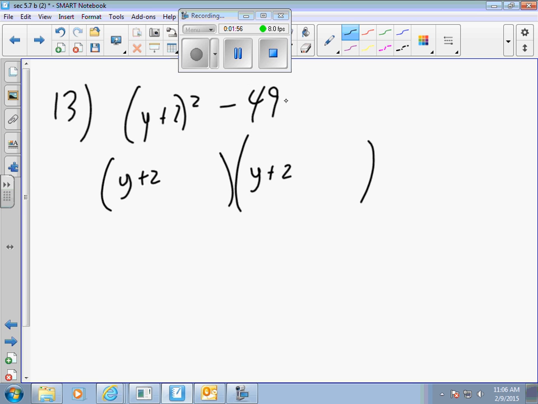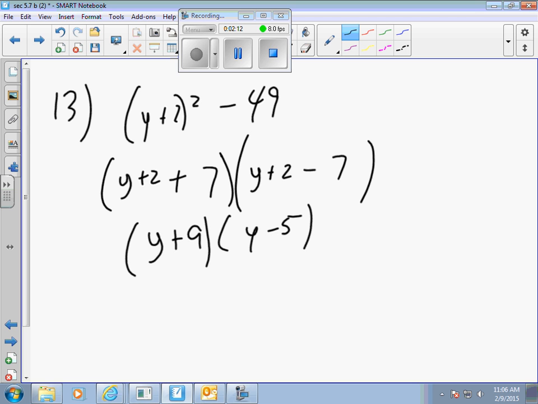Square root of my last thing is a 7, goes in both back positions. One is plus, one is minus. Because our thing here is a binomial, we're going to have to simplify one more step here into y plus 9 and y minus 5.